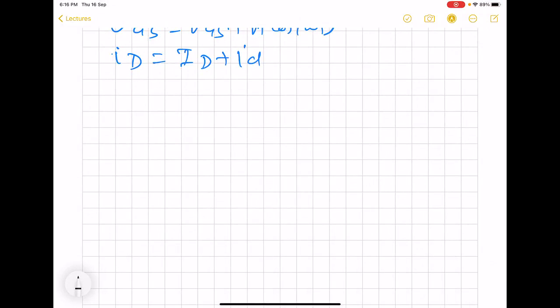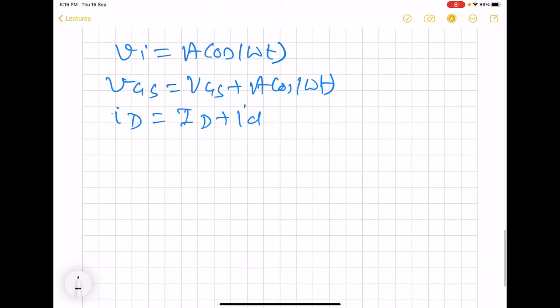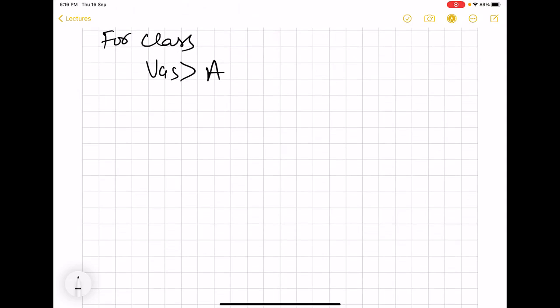Since we are considering the class A, for class A, this VGS is greater than the amplitude of the input, so that net gate to source voltage for the circuit is always positive.